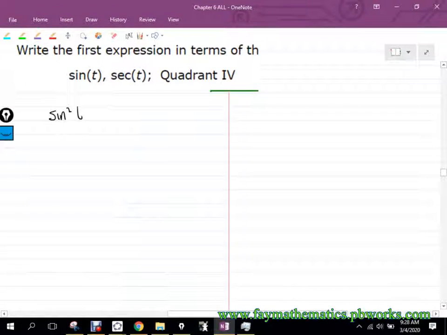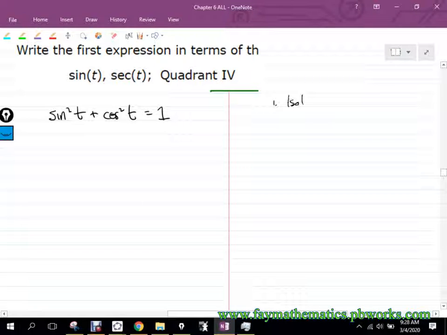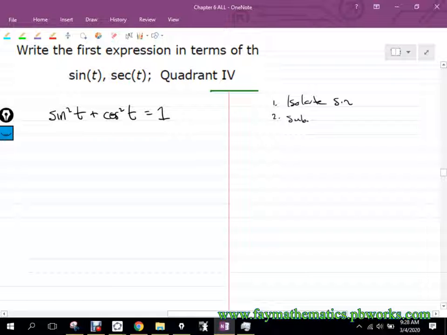So sine squared t plus cosine squared t is equal to 1. Okay. Again, the process is going to be to isolate sine and then substitute cosine squared t with 1 over secant squared t.